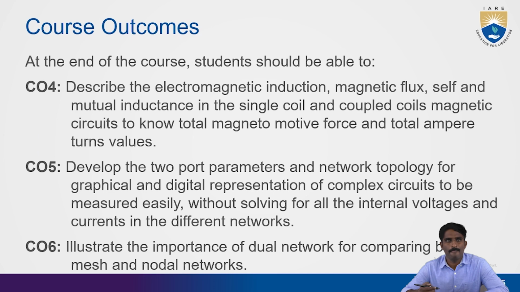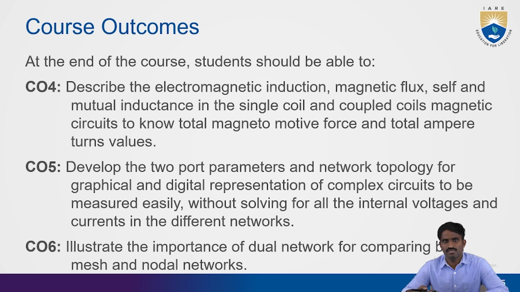Then coming to CO5. At the end of the course, the student should be able to develop the two-port parameters and network topology for graphical and digital representation of complex circuits, to be measured easily without solving for the internal voltages and currents in the different networks, right?